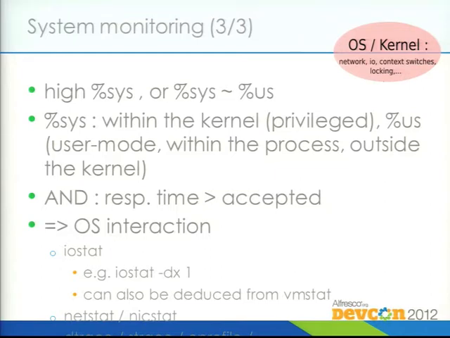Then you might use netstat or nicstat to find out about network performance. The last line is mangled, but it talks about all the kernel profiling tools such as dtrace, strace or oprofile, all the tools that are going to help you find out what's going on in the kernel and why there is so much system usage, for example.